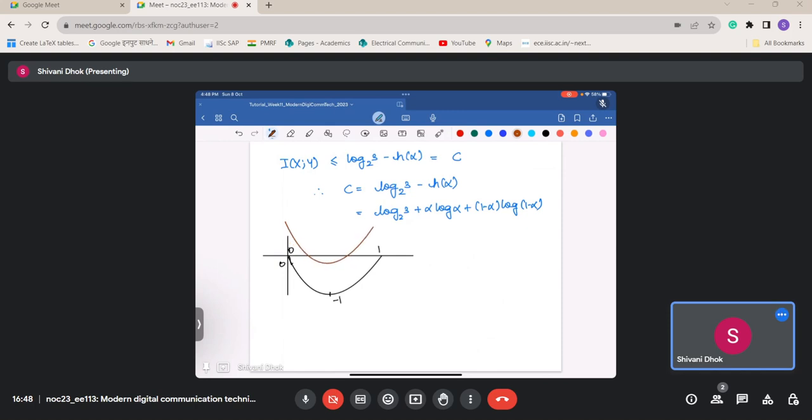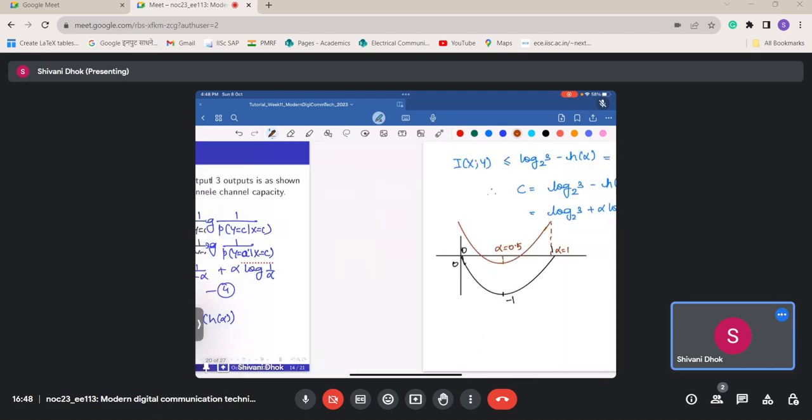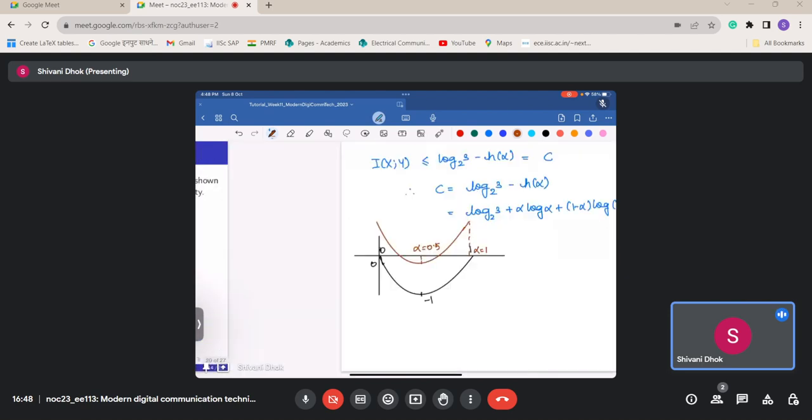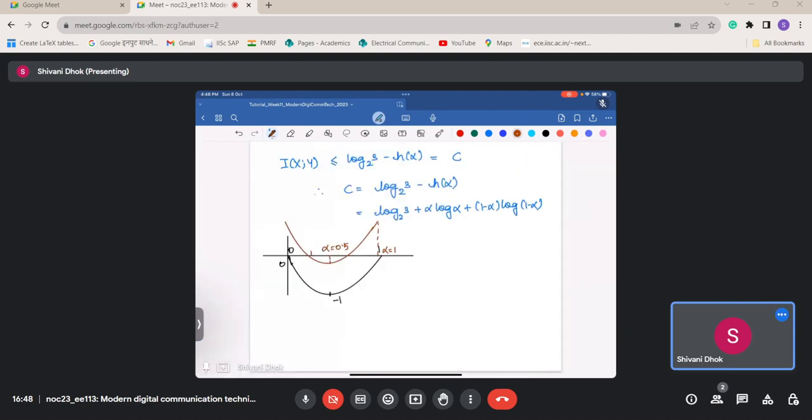So it will be something like this, which means that this thing is alpha equal to 0.5 and this thing is alpha equal to 1, and we have been given that this alpha lies between 0.25 and 1, so somewhere here we have 0.25.